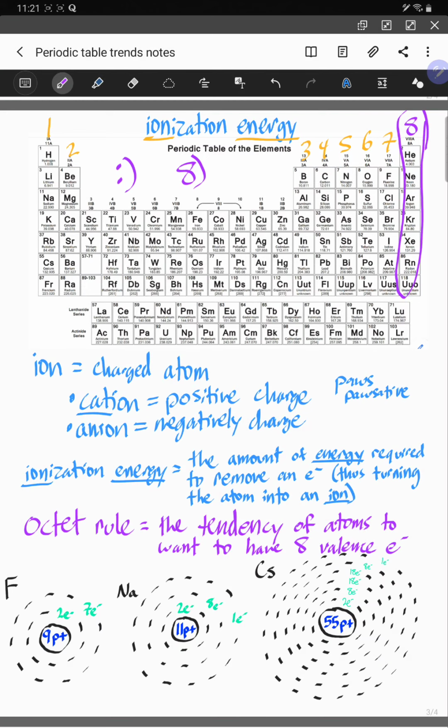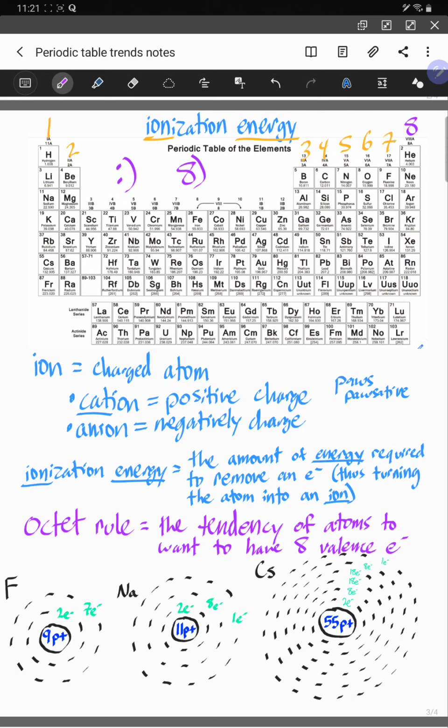It just spent its entire life trying to get to 8 valence electrons. It's finally there. It doesn't want to give it away. So they are going to have a very high ionization energy because they already have 8 valence electrons and they do not want to get rid of any of them. They are content with where they're at and they are going to fight for their life to keep all 8 of those valence electrons.